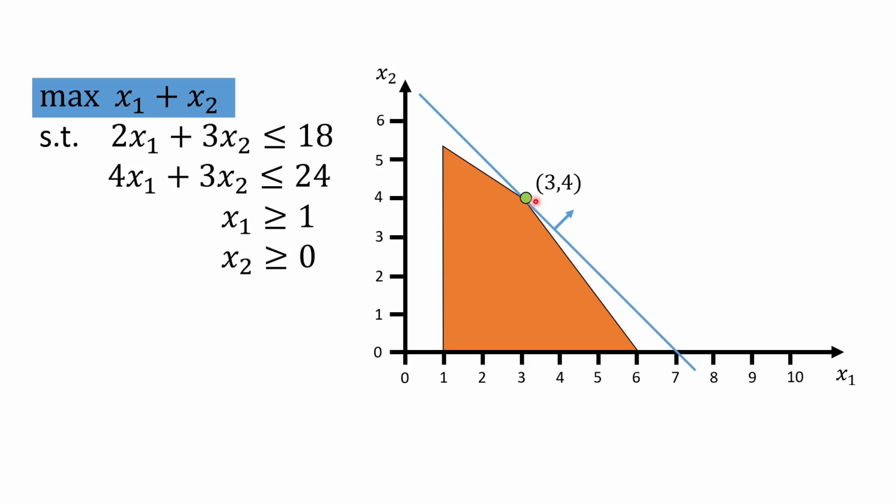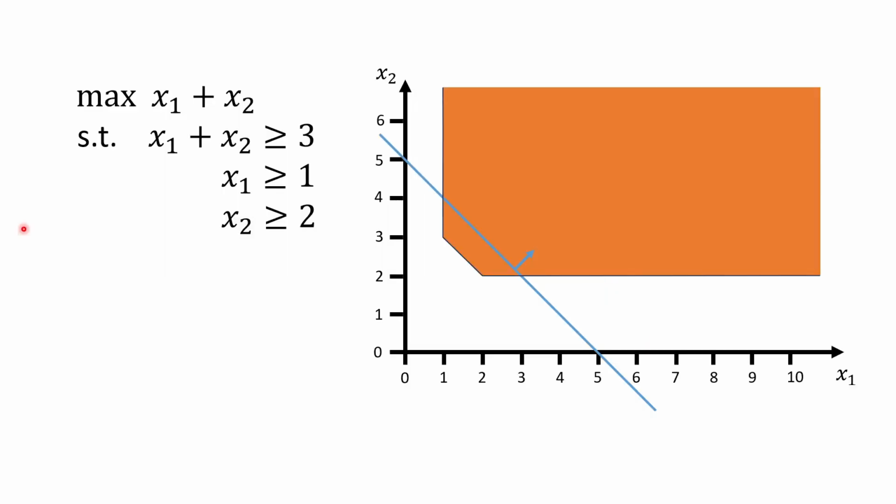If we moved our objective function a little bit further up, then it would no longer intersect any point from our feasible region. So therefore, this point here is optimal, and the value of our objective function at this point is 7. Excellent. We found the optimal solution for our linear program with the graphical method.